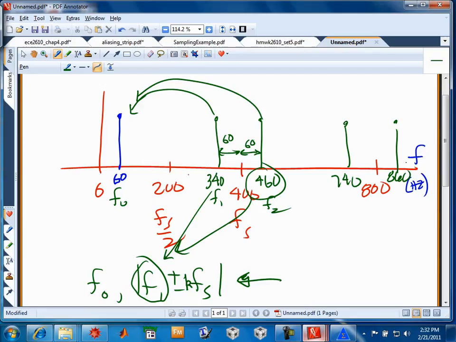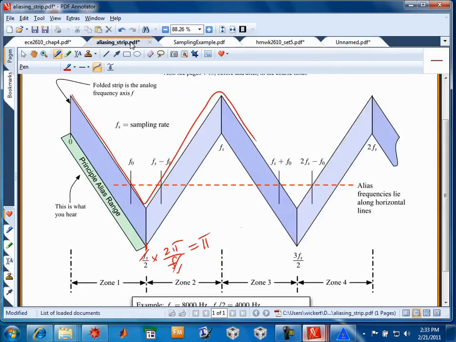That's absolutely correct. That's the folding idea, and it's exactly what this strip over here was showing. If I scratch things off of here and put in the numbers that we have, this was 200, and this point back in the corner is 400. So we initially were sitting over here at 60.